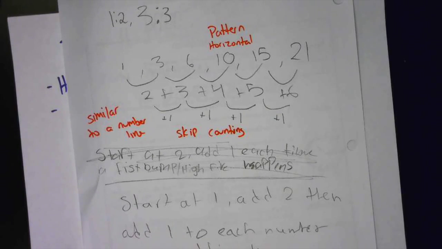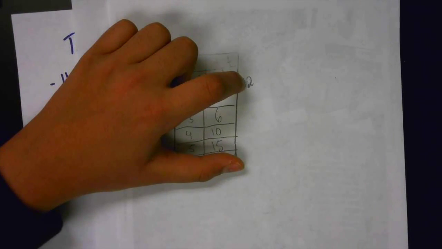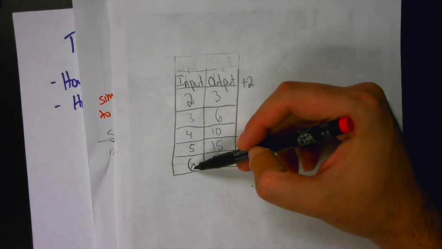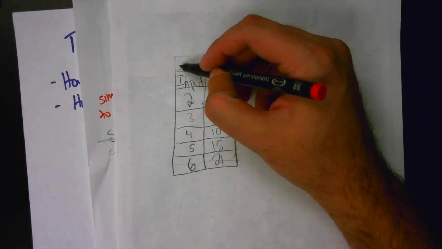Did anyone display it differently though? Okay, so basically this is just an input and output table, and then on the side here I would just write the rule to get from one to the next. In this case, because we haven't really introduced input-output, what does this represent here? Number of people. Okay, so these are the students.